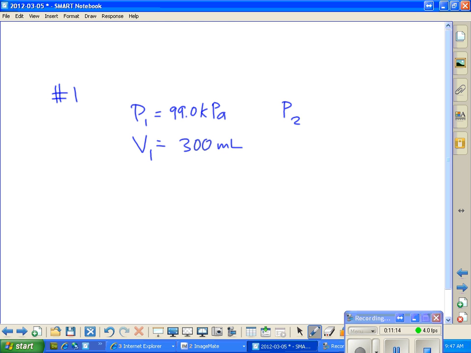That means we're going to a new set of conditions. So the increase is an operant word. It tells you a new condition is going to occur. And that is equal to 188 kPa. All right? And what does it want?